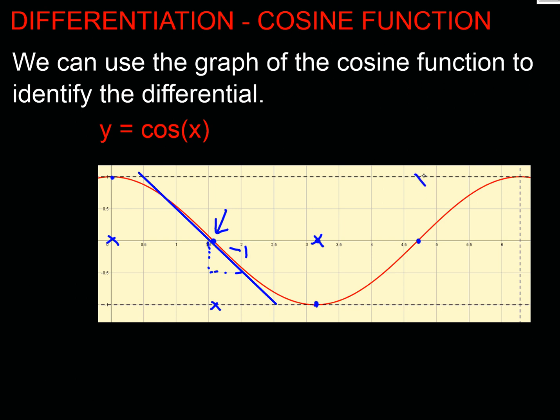So I can mark that there, +1. And by the time we get to x equals 2 pi, we're back here to having a 0 gradient. So there we are. That's our points, and we can see that it's coming around smoothly. So let's just draw in a smoothed curve.